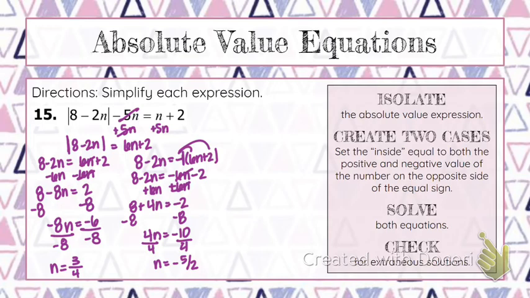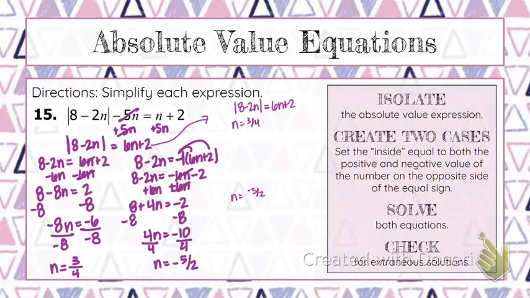Let's look at this version of our formula. I'm going to rewrite it over here. 8 minus 2n equals 6n plus 2. And we need to test n equals 3/4 and n equals negative 5/2.